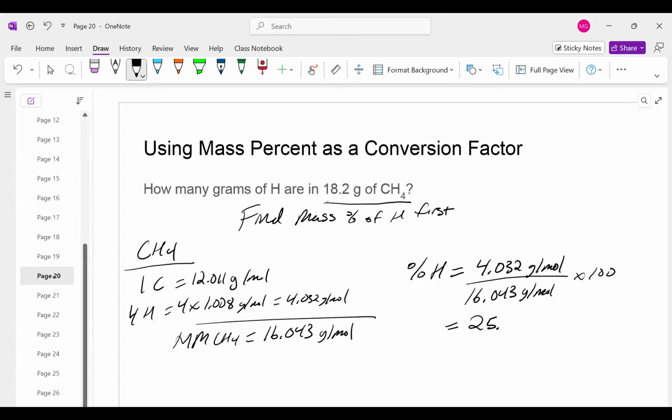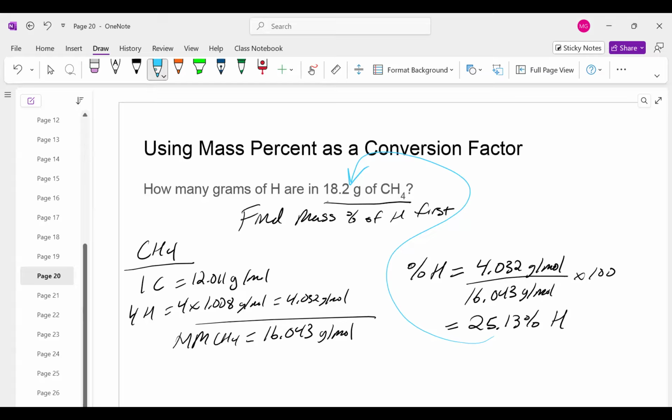And that comes out to 25.13% hydrogen. Now, what that means is 25.13% of this 18.2 grams is hydrogen, and the rest is carbon.